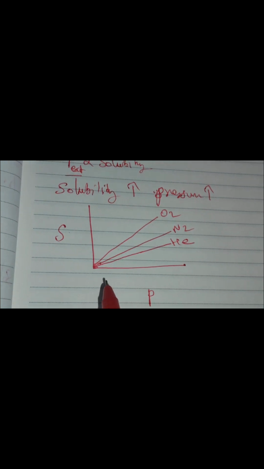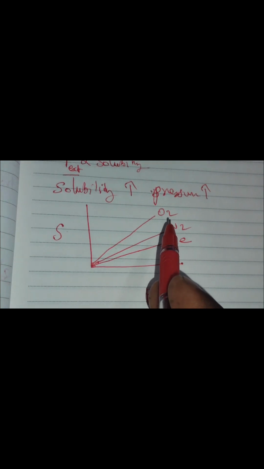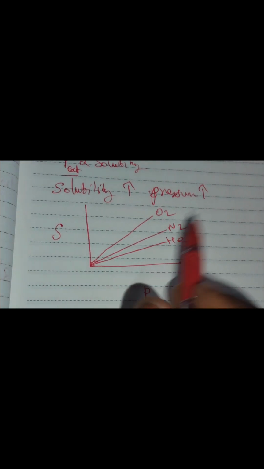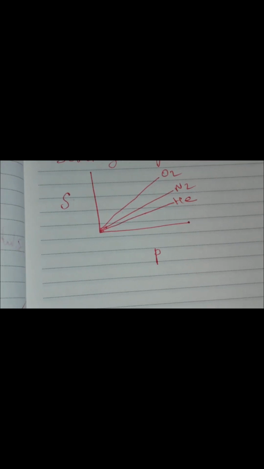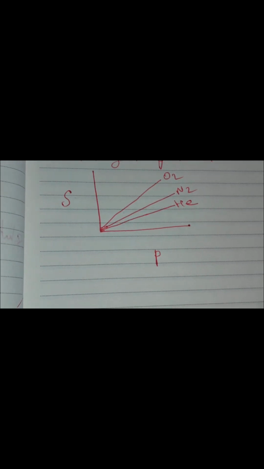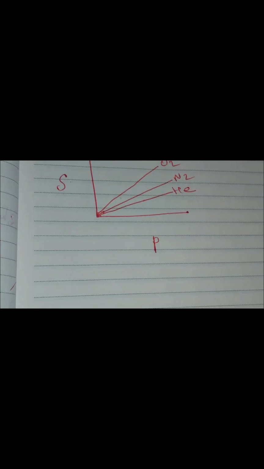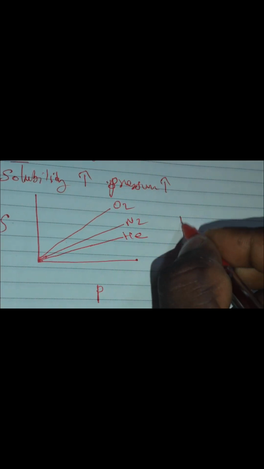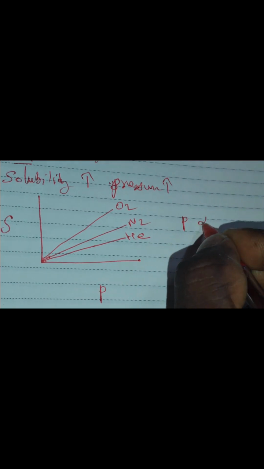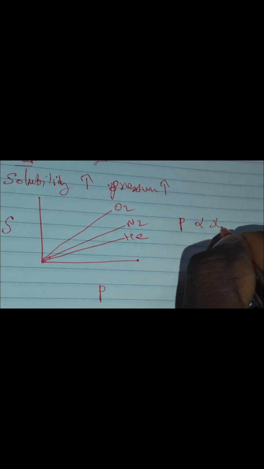In general, the solubility increases with increase of partial pressure. Or as the pressure increases, the solubility also increases. Now the formula given is that the pressure is directly proportional to the mole fraction.